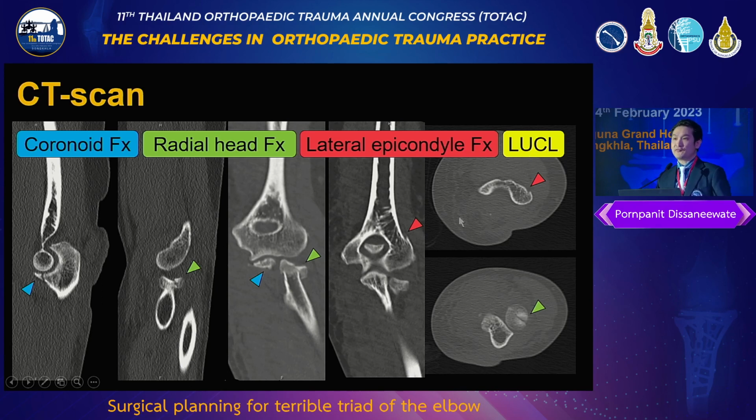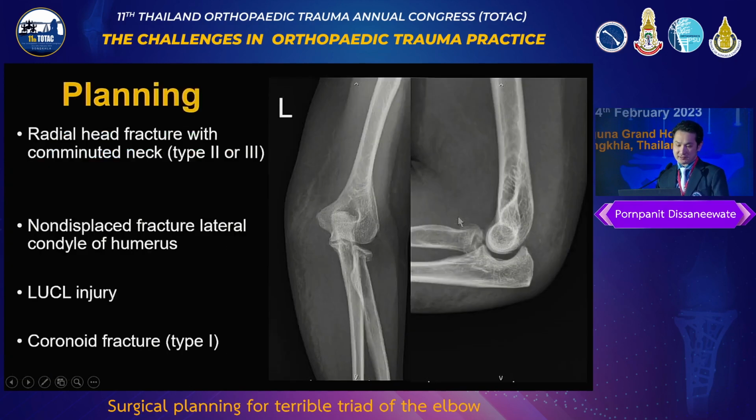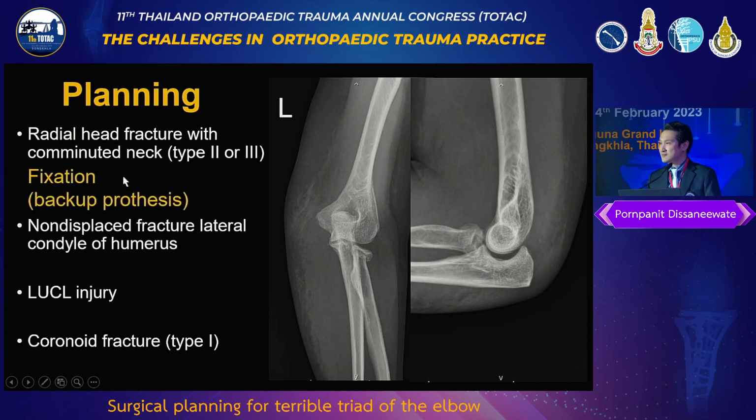So after you identify all of the injured structures, you have to plan. First, for the radial head, this maybe can be fixed, but these patients are elderly and it's comminuted, so I back up with a radial head prosthesis. For the minimally displaced lateral epicondyle fracture, sure, fixation.